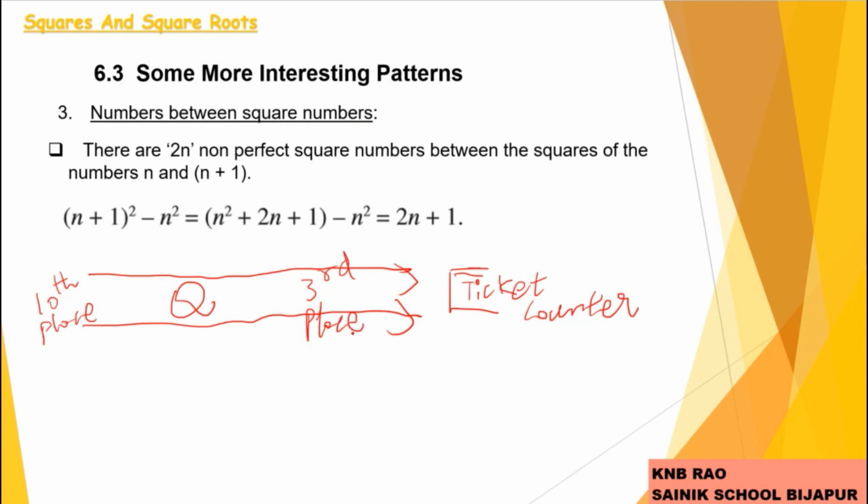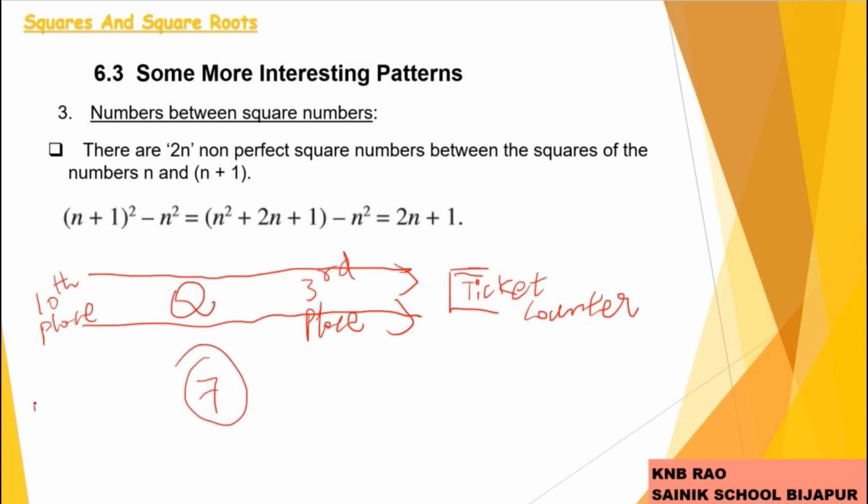Now tell me, how many are there between you and him? If someone asks you, will you physically count or do you use your mathematical knowledge? Very simple. Instead of counting, the difference between 10th place and 3rd place gives 7.